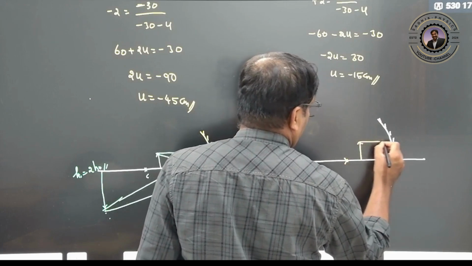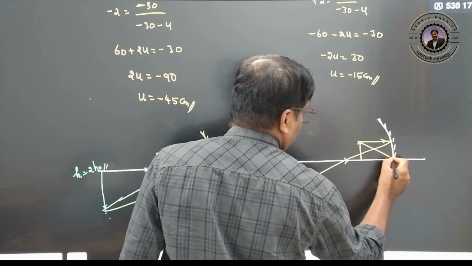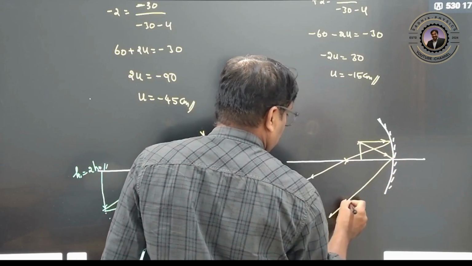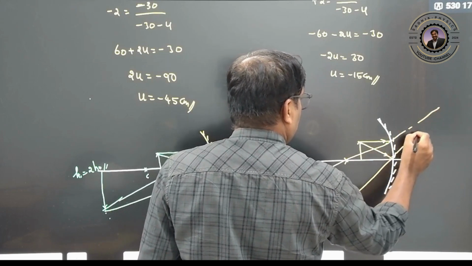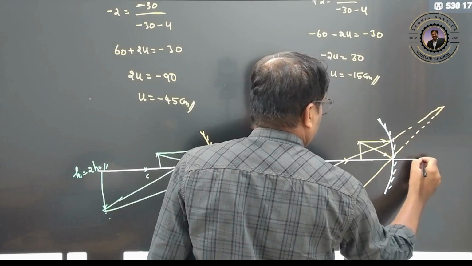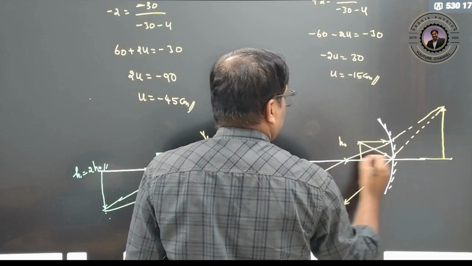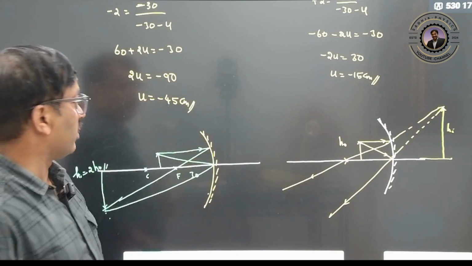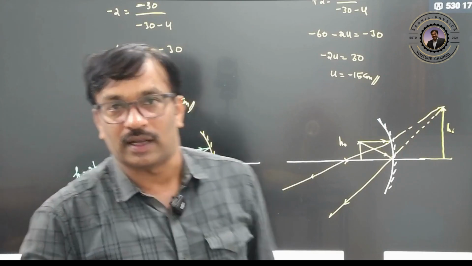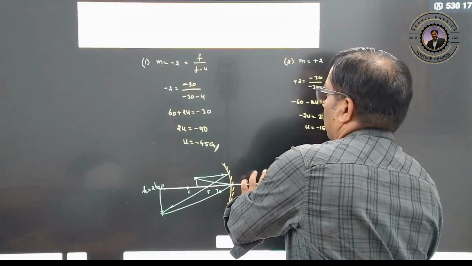Light rays are going like this, then light rays are going like this, and these light rays appear to be coming from here. This is your height of the object and this is your height of the image. So this is your virtual image, and the earlier one is for the real image. Clear? In this way you have to understand very clearly. So about this.